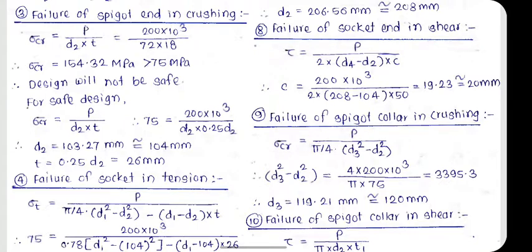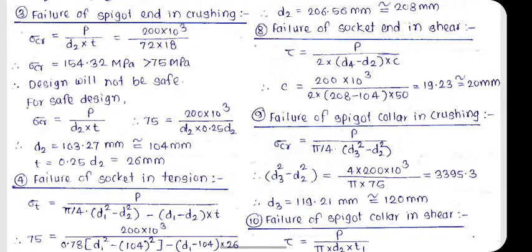Okay, so what you have to do here, again for safe design, calculate the value of diameter by using the same equation. So in this equation put the value of permissible crushing stress, that is 75 megapascal, and by using the value of force you can calculate the diameter.